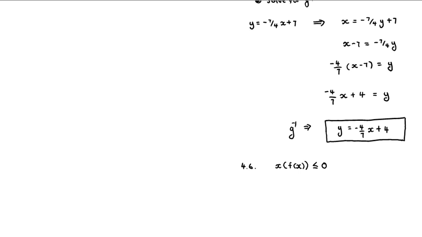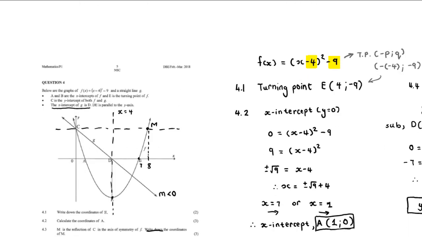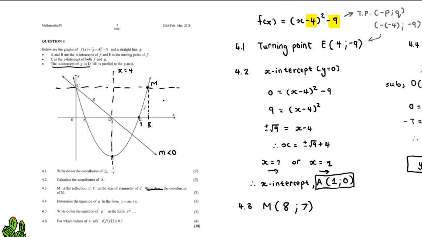Okay, let's go back and check. Let's start over here. Over here, you've got negative x values and positive y values. So for x is greater than 0, so above this, your y values are positive. Can you see that the graph f of x is positive, right?